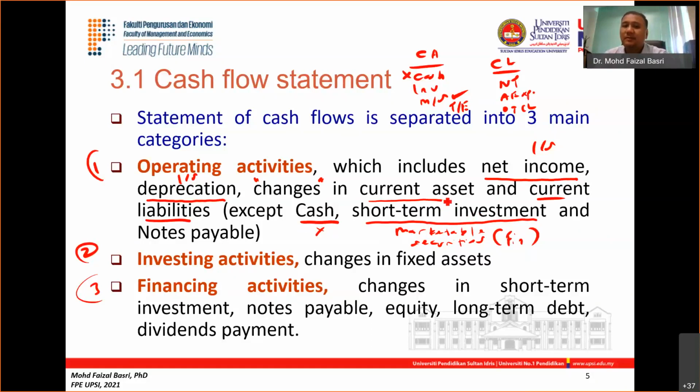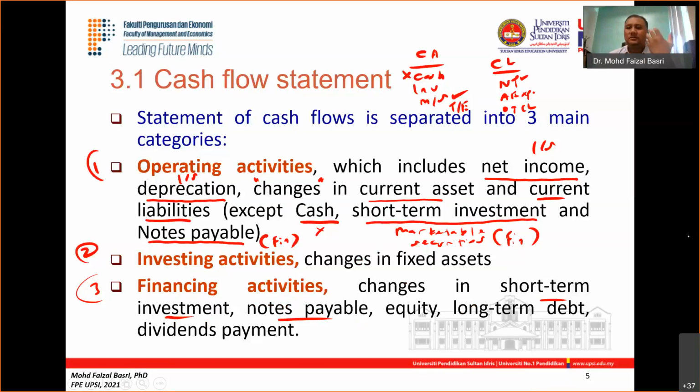And the third item that will be excluded from our operating activities will be the notes payable. So this also will be under the financing activities, the third category. So meaning one from current assets, which is marketable securities, and one under current liabilities, which is notes payable. These two will be part of financing activities. Here it will be notes payable, and here short-term investment.